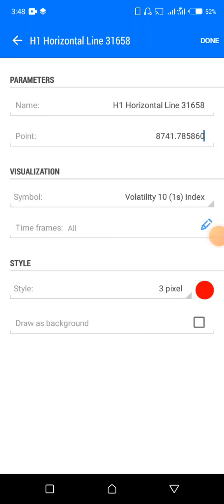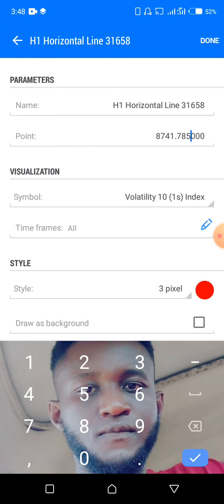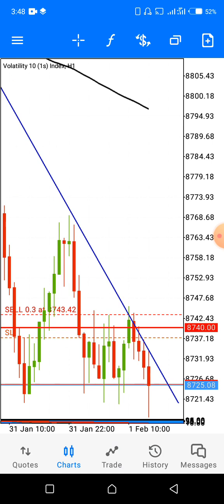So the number is 8740.00. Okay, we are going to put 4 psychological levels now, so that I'll use it to explain something. So we have to put another one above it. Since this is 8740.00, let's put another one above it.